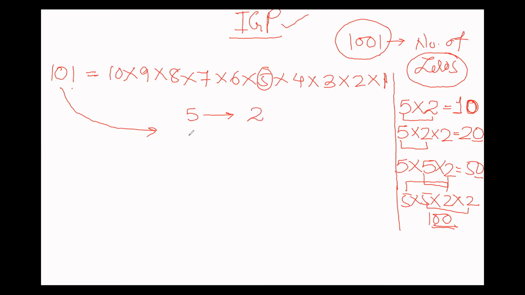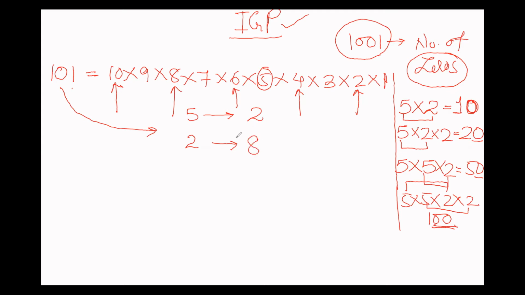Let us find the number of 2s in 10 factorial. I can see one 2 over here. 4 can be written as 2 into 2, so there will be two 2s in 4. I can see one 2 in 6, three 2s in 8, and one more in number 10. So how many total 2s are there? 1, 2, 3, 4, 5, 6, 7, and 8.